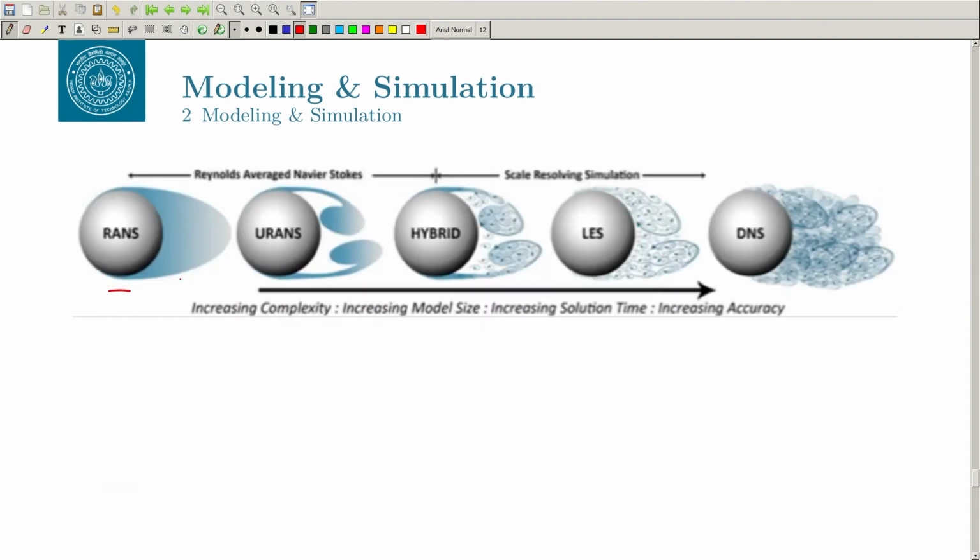So, this is from RANS to DNS. You can see that in RANS we are resolving only the mean flow. This is a turbulent flow, and in DNS we are resolving all small scales. In the LES we are resolving some scales, but we are missing the very small scales. In between, you can have unsteady RANS, where if you have broad changes in time, those can be captured here, and hybrid is in between RANS and LES.